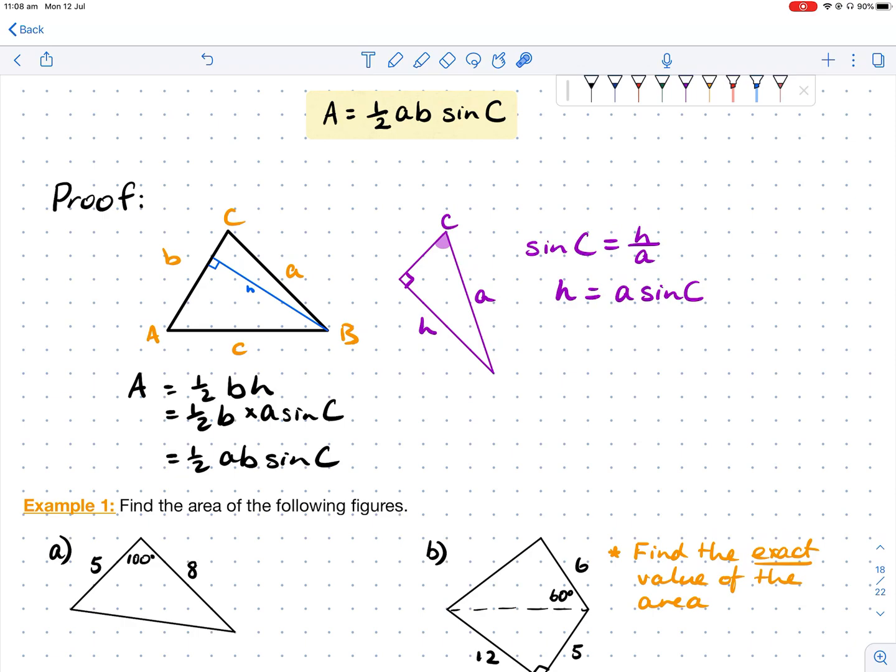So if I zoom into this triangle, we end up with this one here.